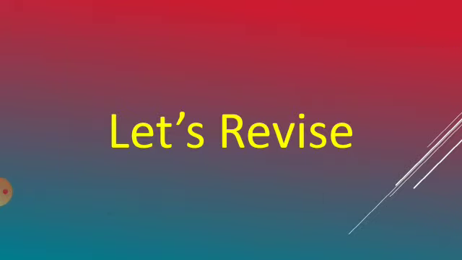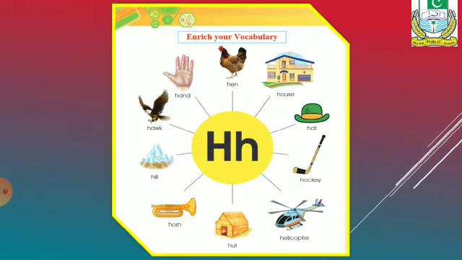Okay, dear students, now we are going to revise our new 10 vocabularies and our new sound one more time. So let's revise. Here we are back on our reading page of book for Senior Montessori, book level 1. Okay, let's start.